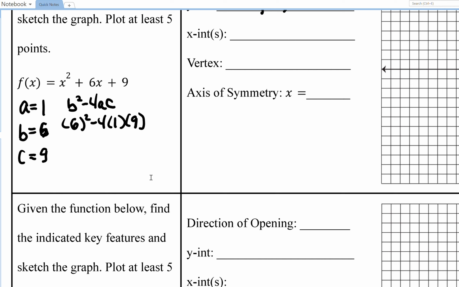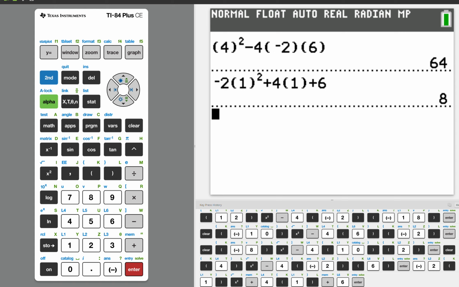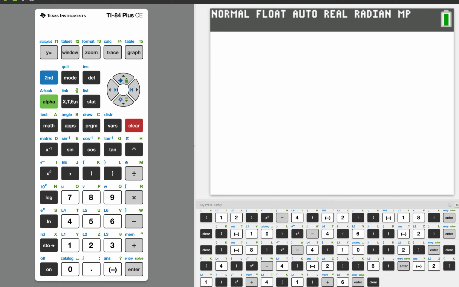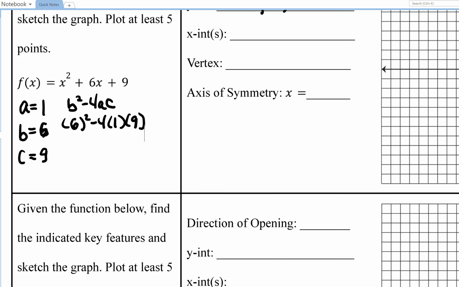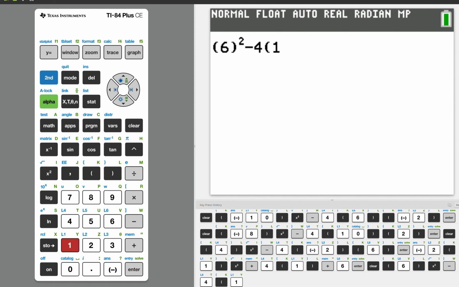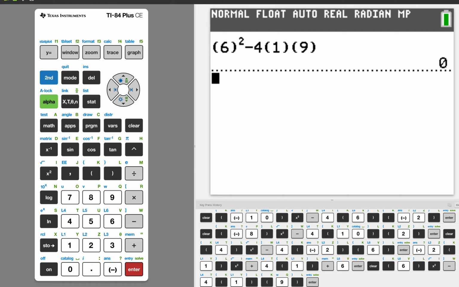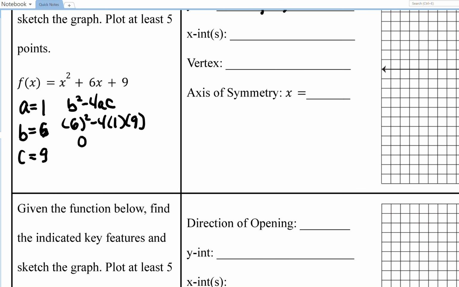So if I plug that into my calculator, 6 squared minus 4 times 1 and 9, that would give me 0. So if the value of my discriminant is 0, I'm going to have just one solution.